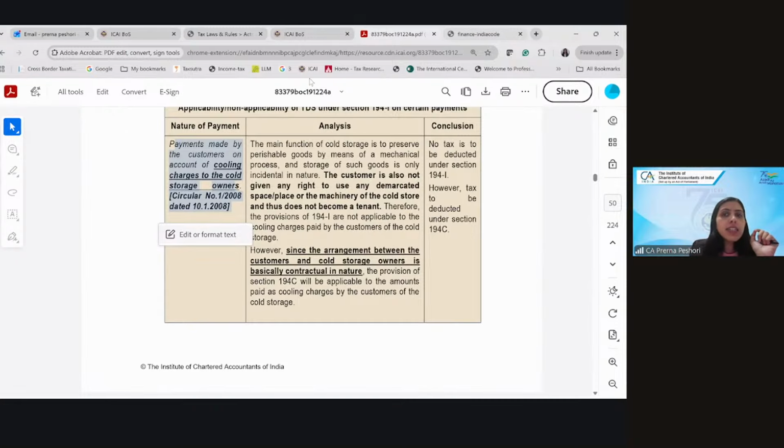Thus, this doesn't qualify as rent. The assessee is not the tenant who makes the payment. Therefore, 194I will not be applicable. But since this arrangement between the customers and the cold storage owners is contractual in nature, 194C will be applicable on this particular amount. Are we clear?